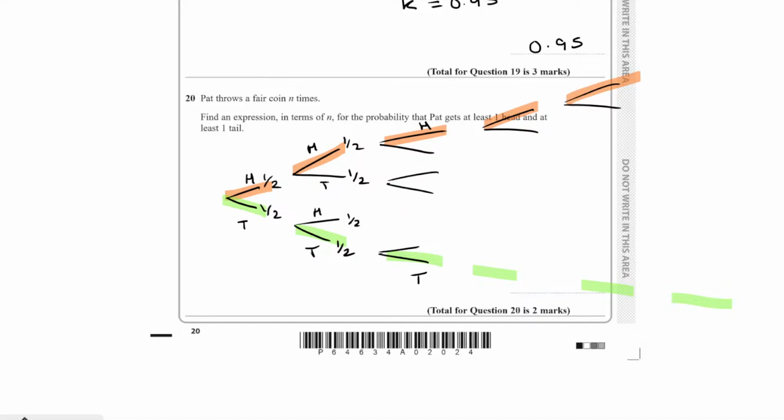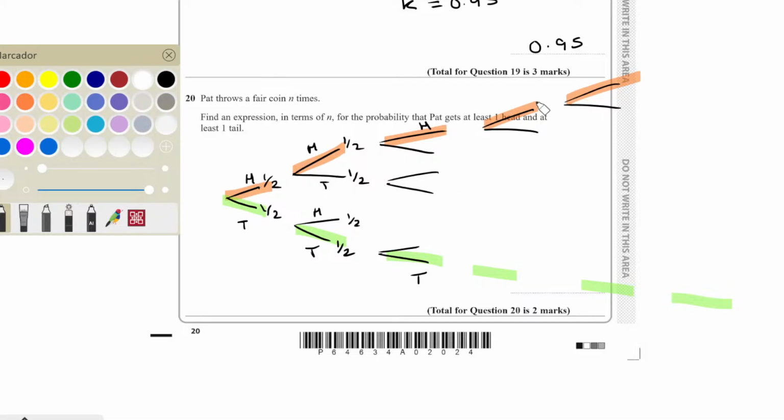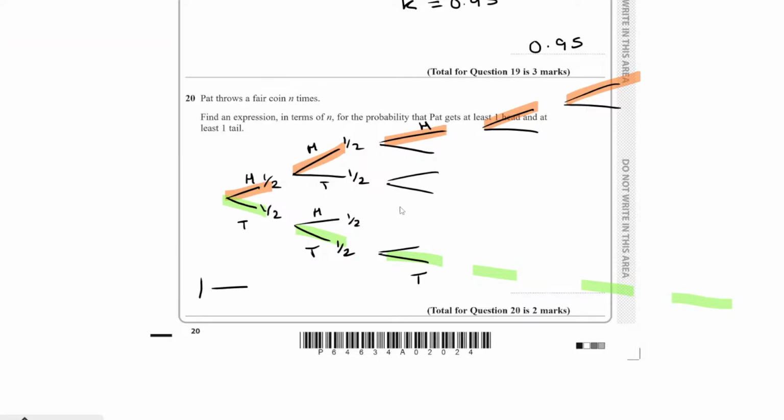So what I'm going to do is write an expression for the orange, write an expression for the green, and then do 1 minus both of those. Okay? So the expression for the probability of all heads would be a half times another half times, and we don't know how many times that is.